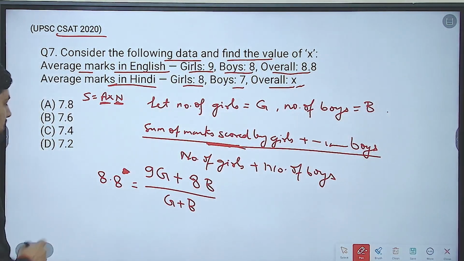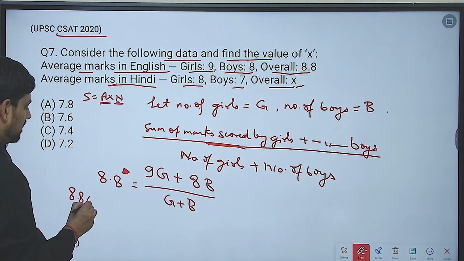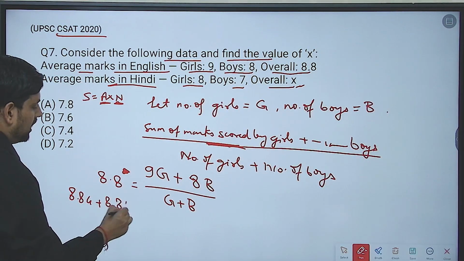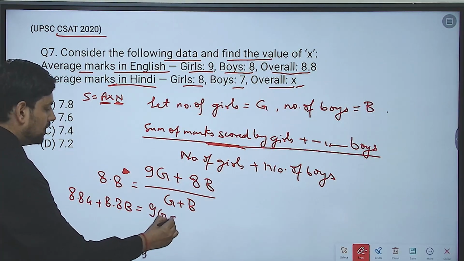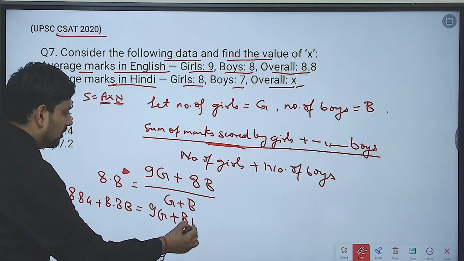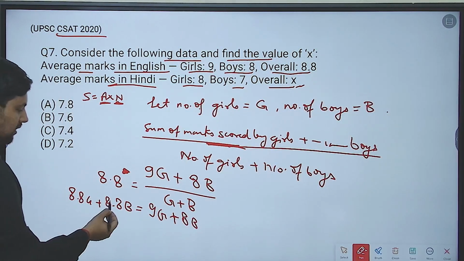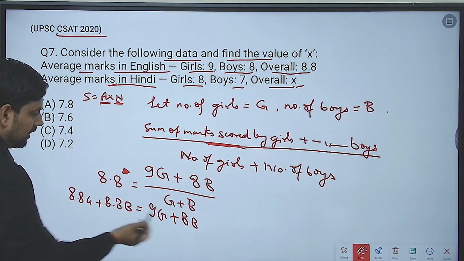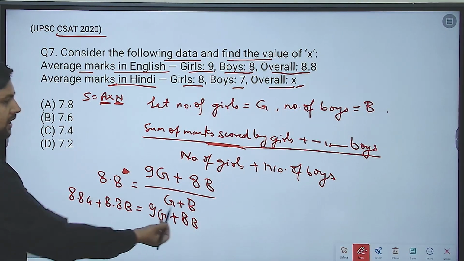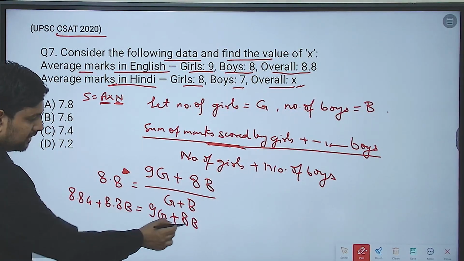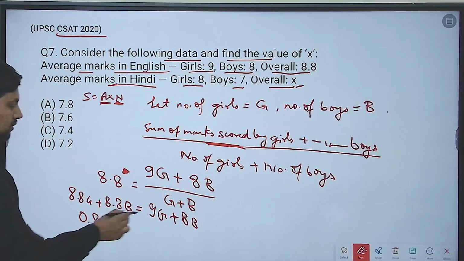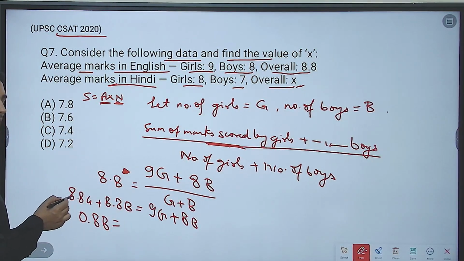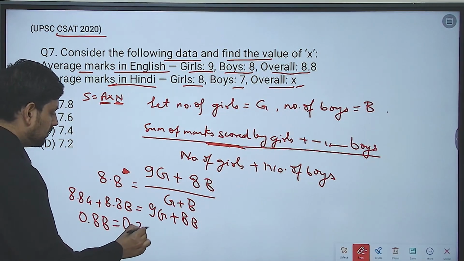Now you send G and B here, so this becomes 8.8G plus 8.8B is equal to 9G plus 8B. Now I can send 8B here and 8.8G there. So what I'll get, 8.8 minus 8, I will get 0.8B is equal to 9 minus 8.8, which is 0.2G.